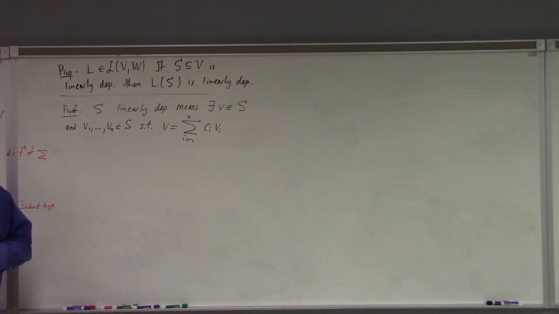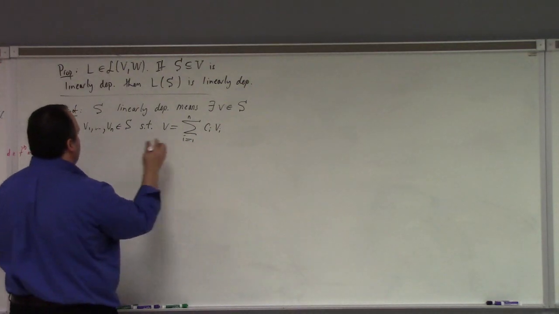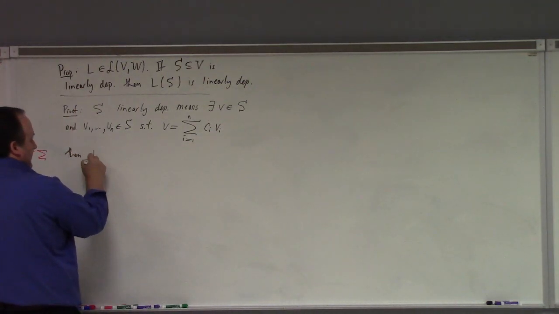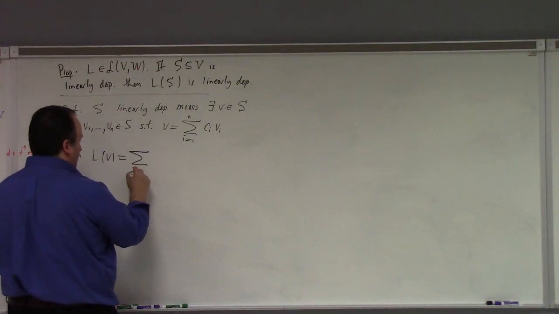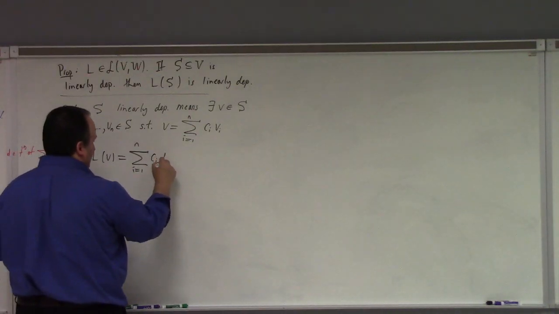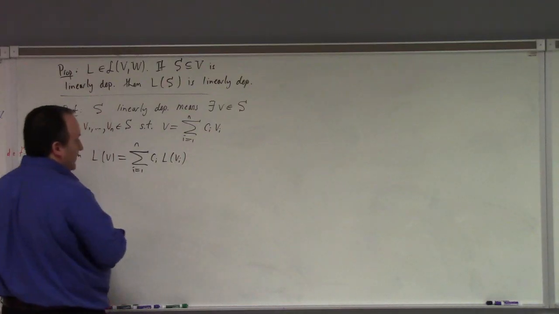I'm taking the liberty of stripping the index off the dependent one. When we did this before, we solved for the jth one or something, but we don't have to be stuck on that notation forever. Just the one we're finding the dependence of, let's unadorn it. Just call it V, all right, great. So we can build one as a linear combination of the others, then, well, check it out. L of V is equal to a sum i equals 1 to n of Ci L of Vi, right?